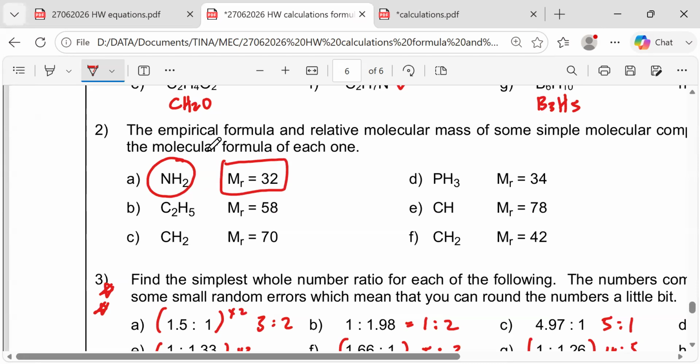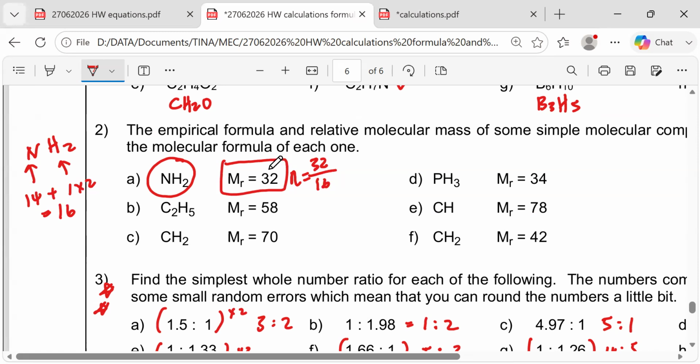So NH2, nitrogen, hydrogen 2. Nitrogen is 14. Hydrogen is 1 times 2. That gives me a total of 16. So all I need to do is take 32 divided by 16. This value we call n. We take the molar mass of the real molecule divided by the empirical formula mass, and then we get n.